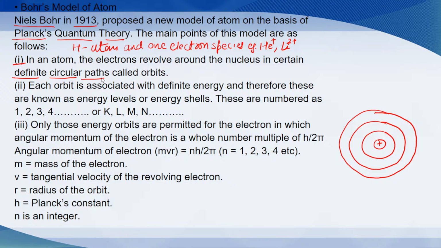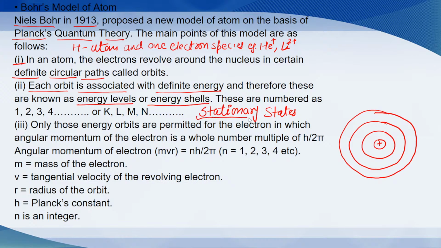And the corresponding energy of the electron, what is the energy? Each orbit is associated with definite energy, and therefore these are known as stationary states. They are also known as energy levels or energy shells.